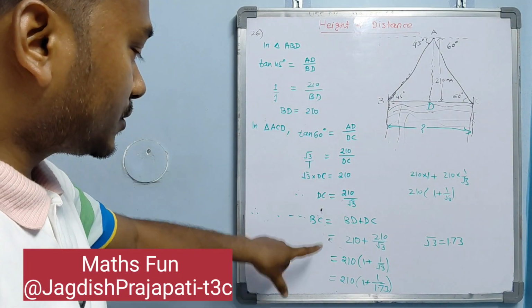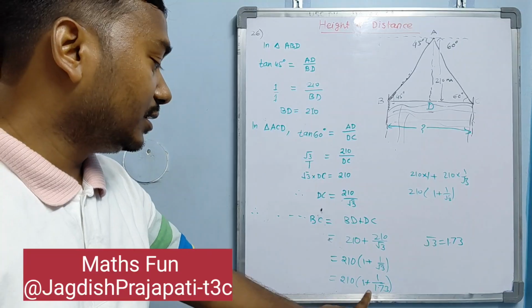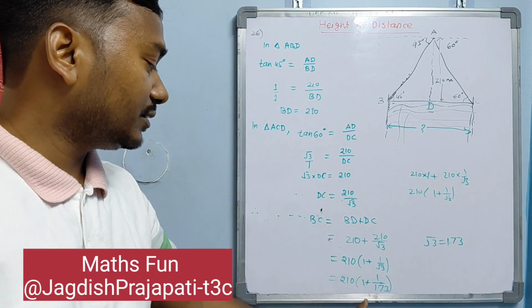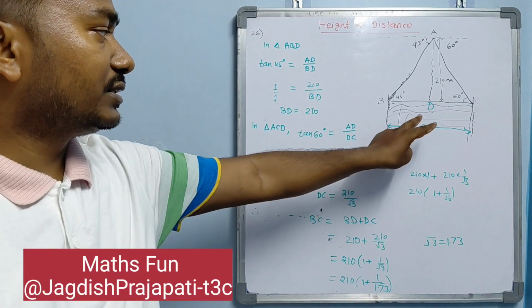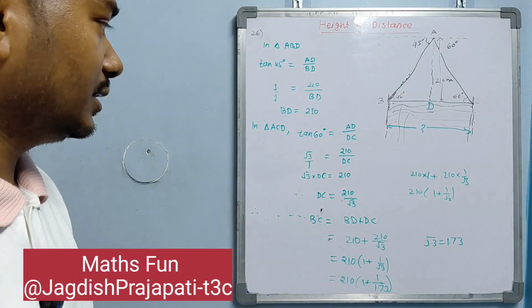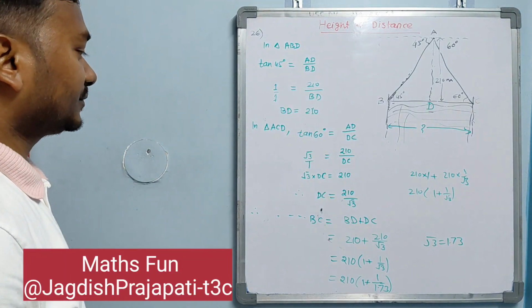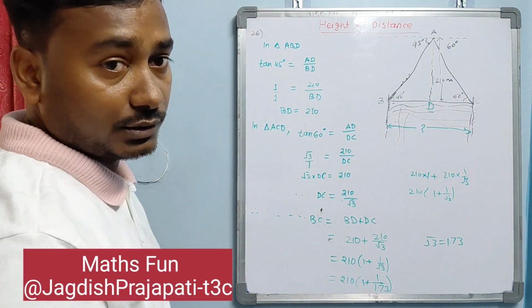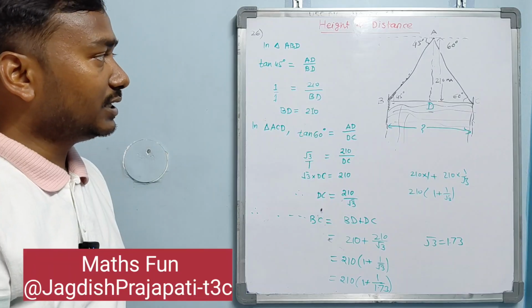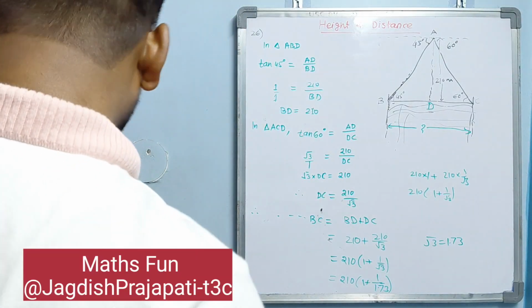So this is the solution. You please solve this to find the width of the river. Don't do it here, do it at home. Okay, let's do the next question.